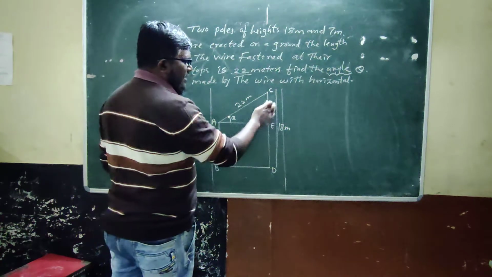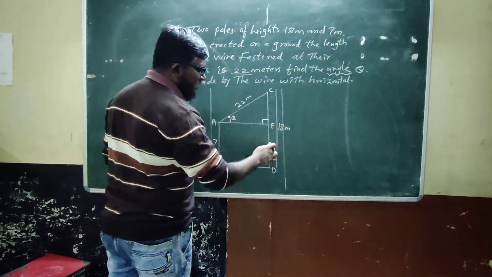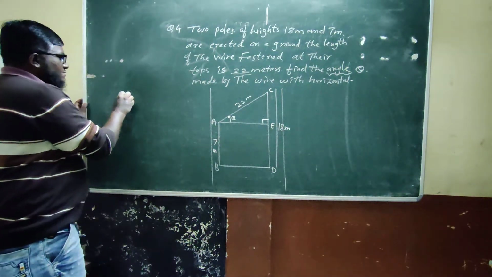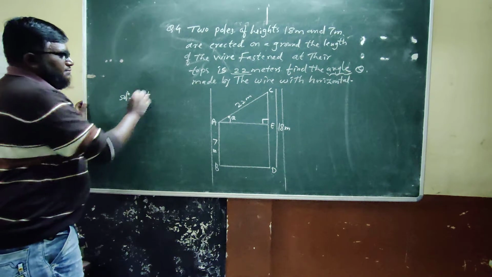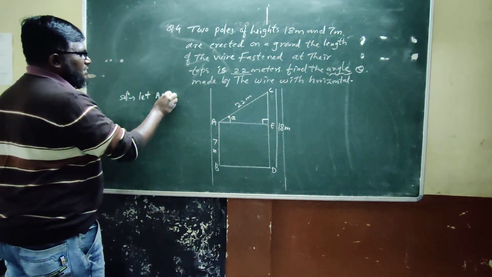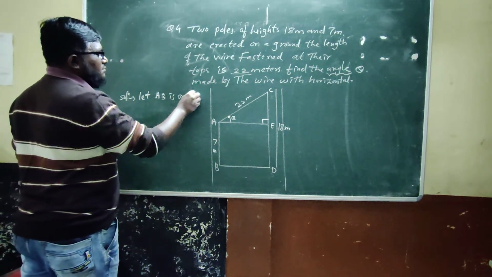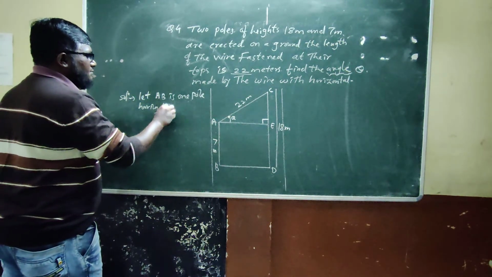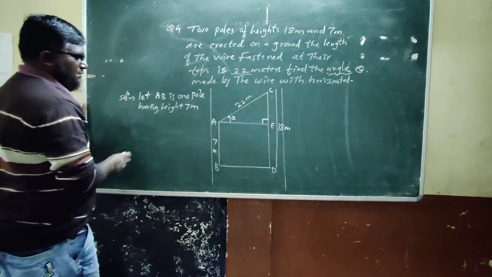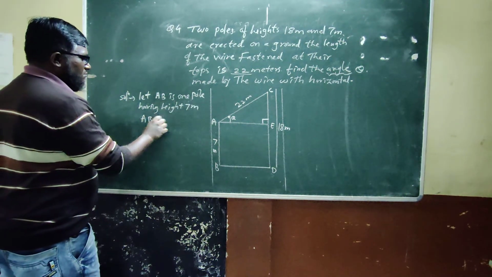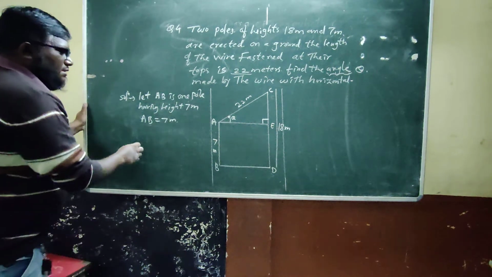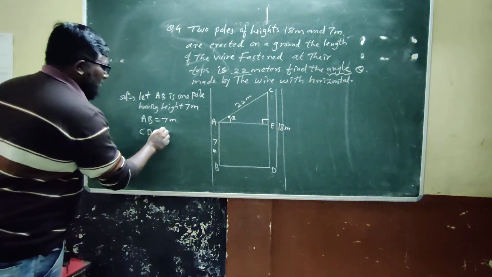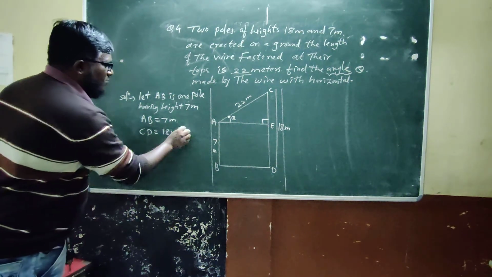First of all, we have to find EC's value. We will subtract ED from CD. So first of all, we will write the solution like this. Let AB be one pole having height 7 meters, AB is equal to 7 meters. Second, CD is 18 meters, the second pole.